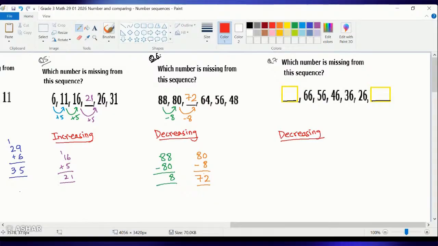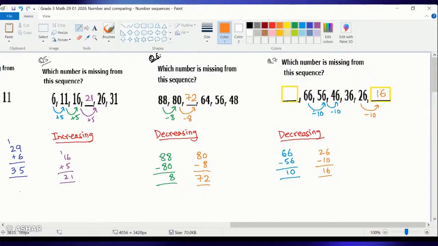In this decreasing sequence, what is the difference between these two numbers? 66 minus 56 should be equal to 10. That means each number is reduced by 10. So what should be the answer for this? 26 minus 10 would be 16. The last number should be 16.